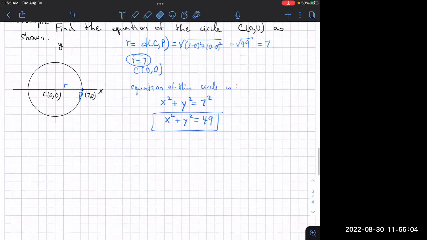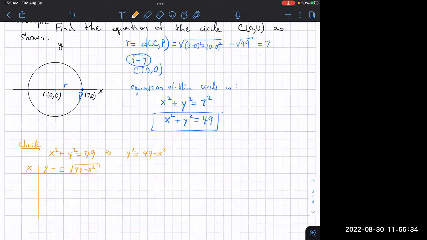Okay, and then you can play around if you want to verify. If you want to check, you look at x squared plus y squared equals 49, and then you make a table. You can solve for y: y squared equals 49 minus x squared, and then y equals plus or minus the square root of 49 minus x squared.